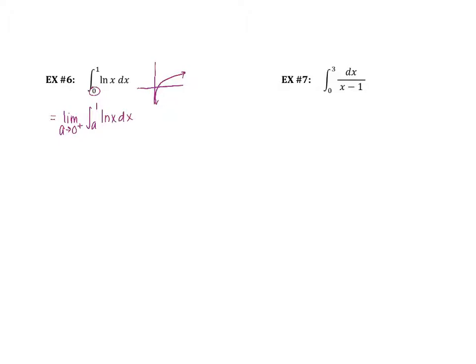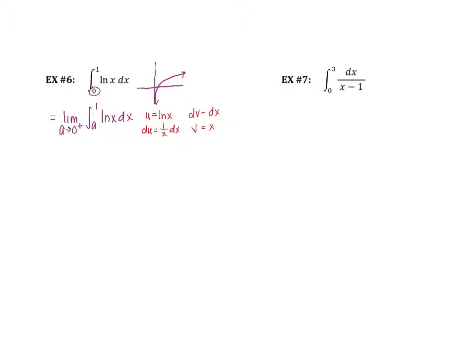And we'll again have to do our integration by parts. Over here to the side, we're going to let u be natural log x, and then du is going to be 1 over x dx, and dv is dx, so v is x.